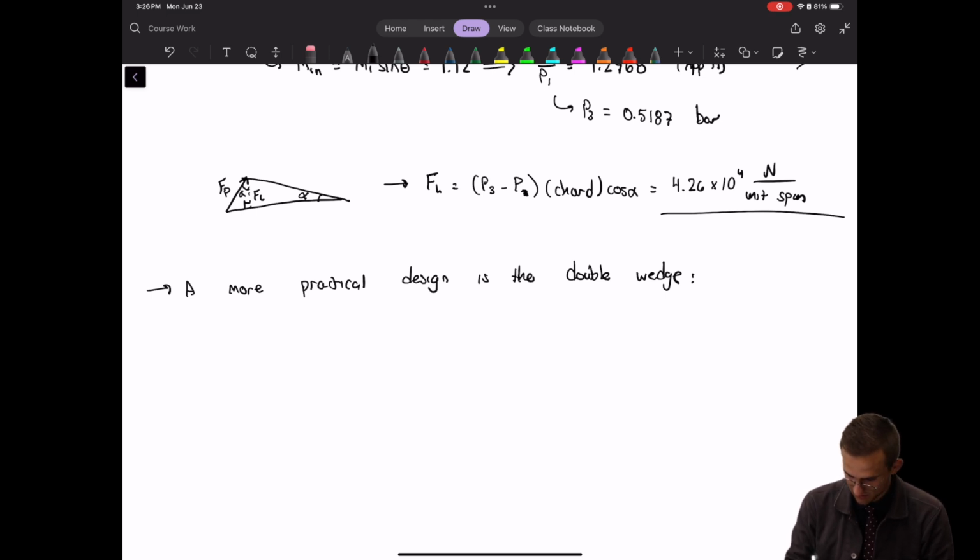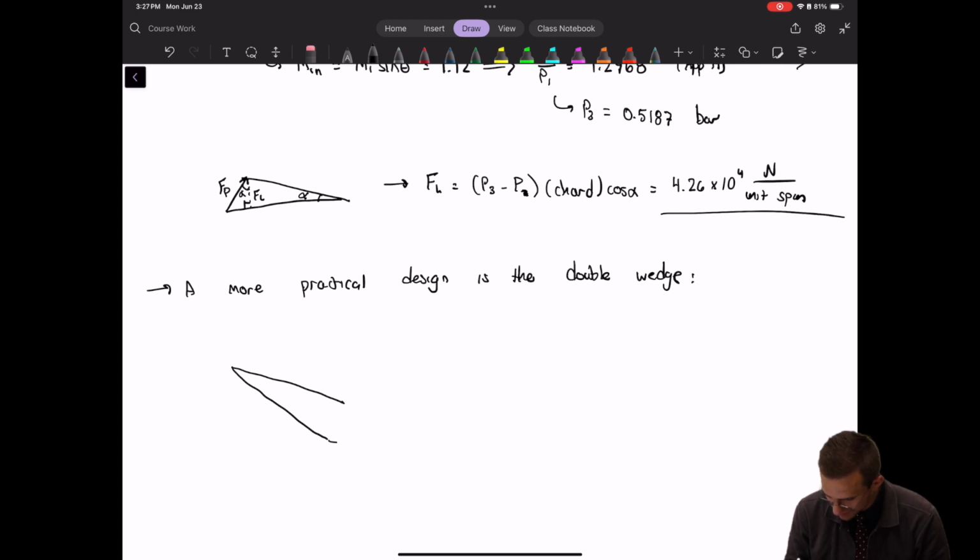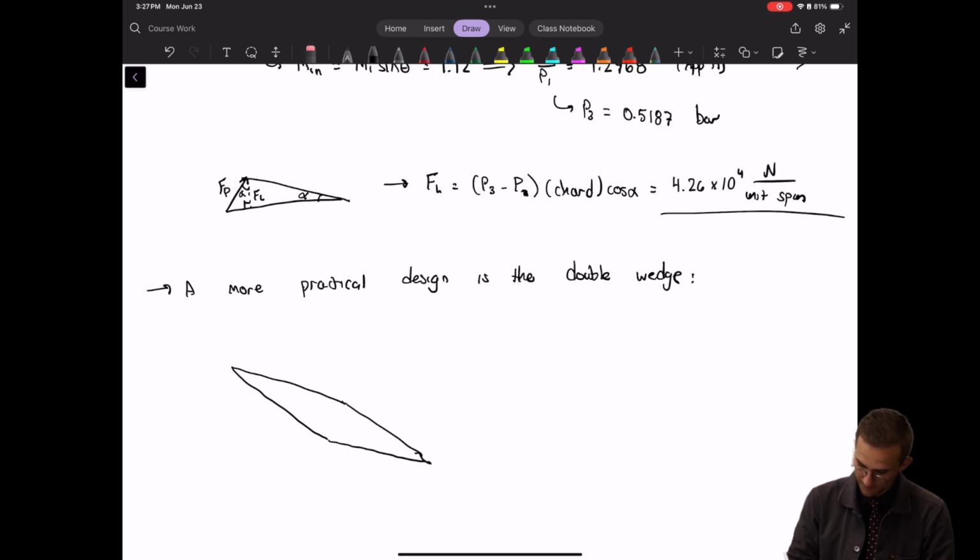So let's say you go like that, and then, oops. This is a little tricky because that side would be parallel to that side.